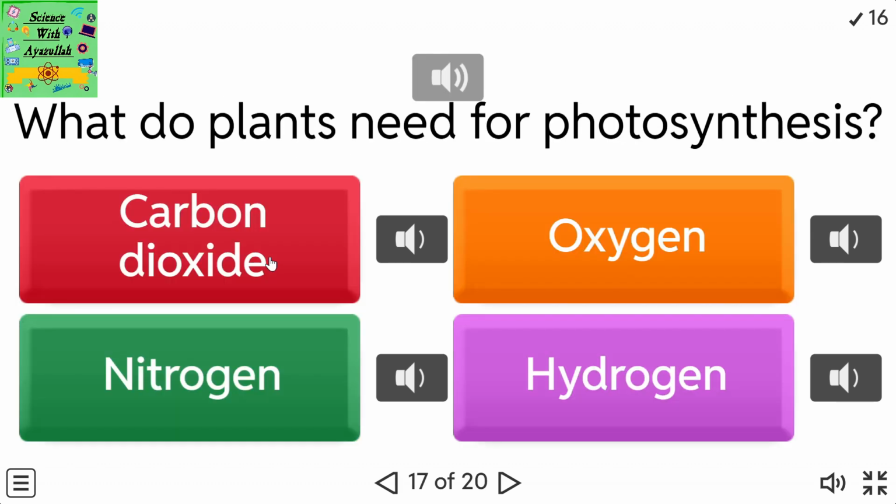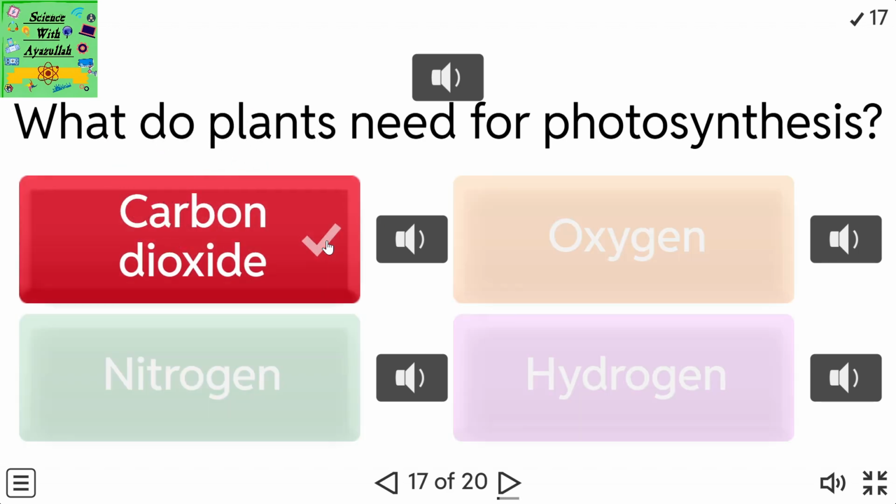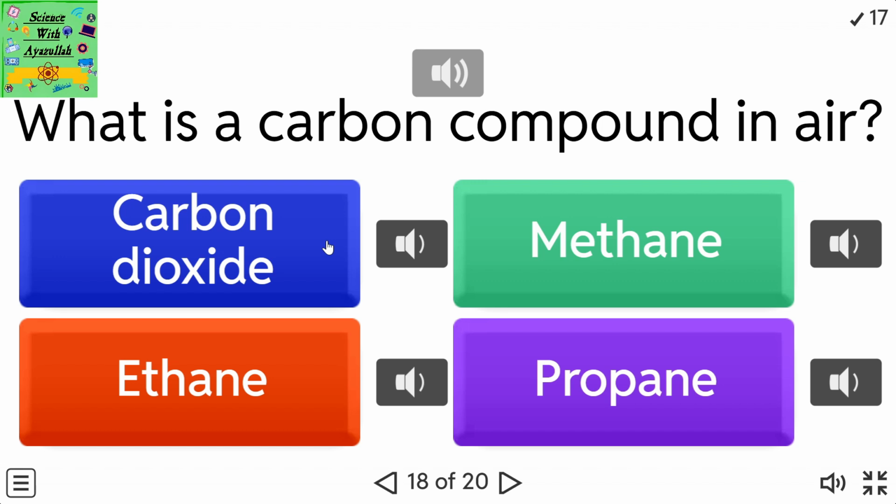What do plants need for photosynthesis? Carbon dioxide, nitrogen, hydrogen, oxygen. What is a carbon compound in air? Carbon dioxide, ethane, propane, methane.